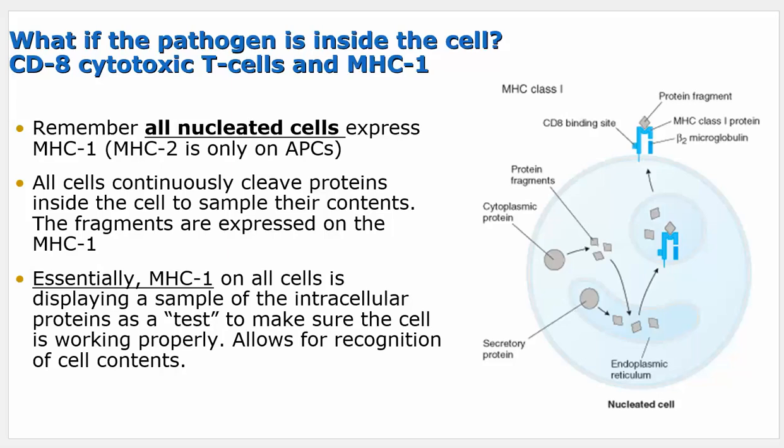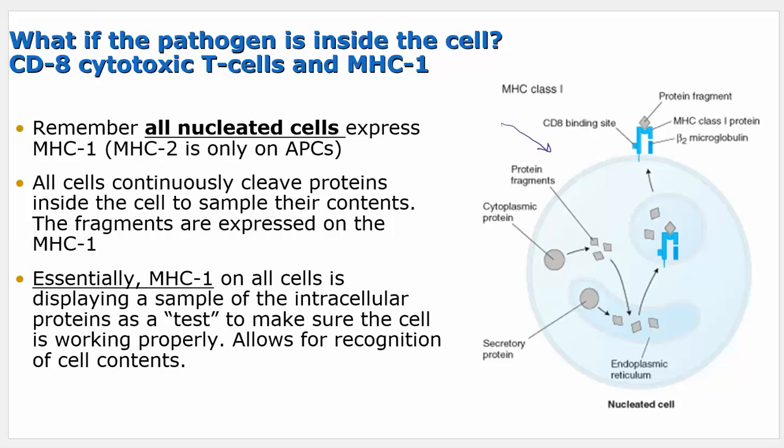So all cells continuously, in this case, cleave the protein. So remember earlier, let's just look at this picture really quick. Remember earlier the macrophage had engulfed something, engulfed an organism, and then it chewed it up down here, and then it presented it on its MHC2. In this case, there is no engulfing of anything.